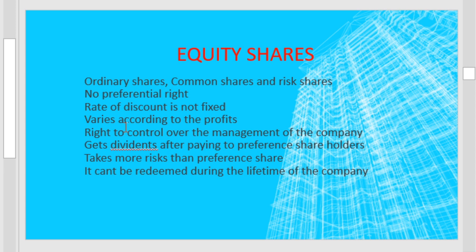The rate of dividend is not fixed, and it varies according to the profits. The rate of dividend is the return for the shares we have purchased from a company. Equity shareholders have the right to control over the management of the company, and they get dividends only after dividends are paid to the preference shares.